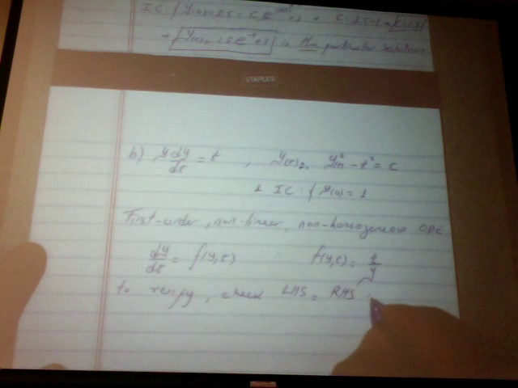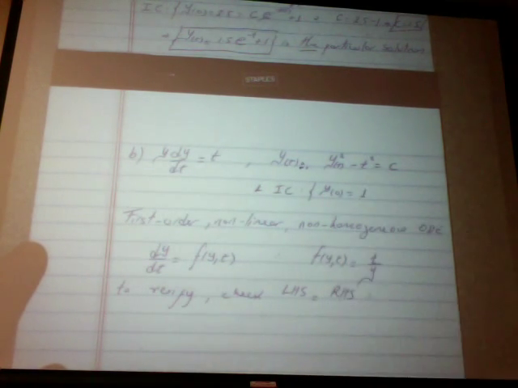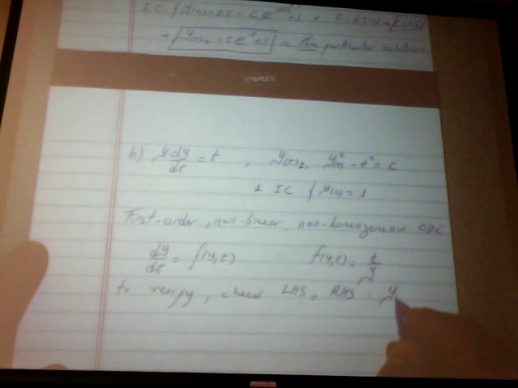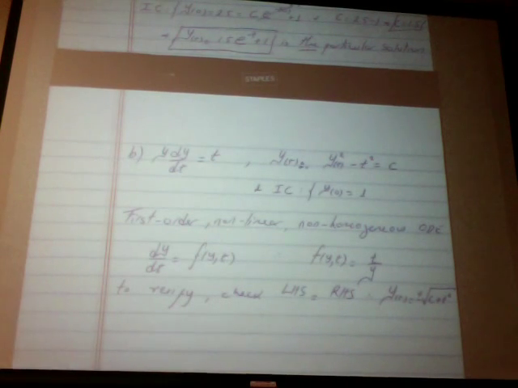Okay, such that we can get from here that y of t is equal to plus minus the square root of c plus t squared. Right?